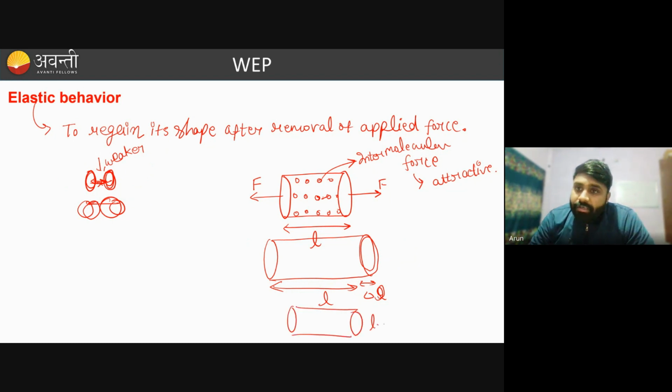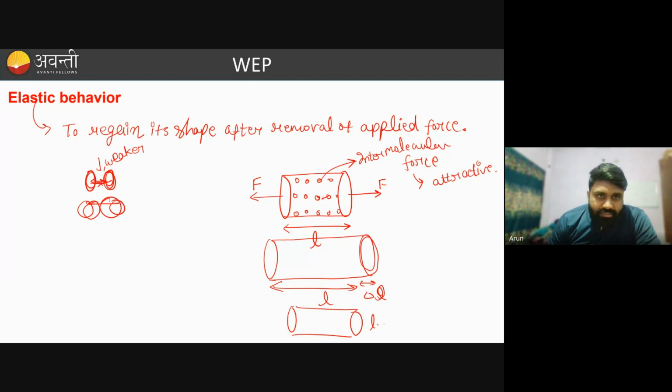So this property of any solid is termed as the elastic behavior of solid, which means that after removal of the force the solid regains its shape; we can say that that particular solid is elastic in nature.